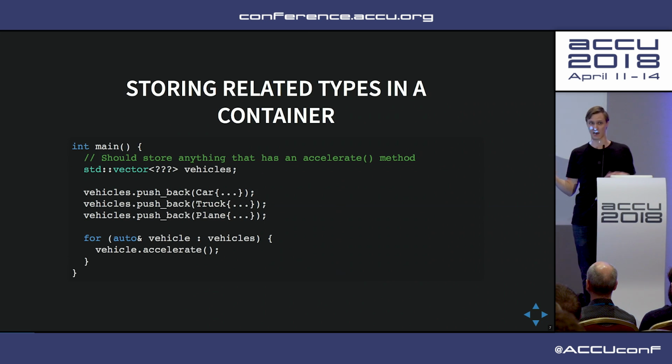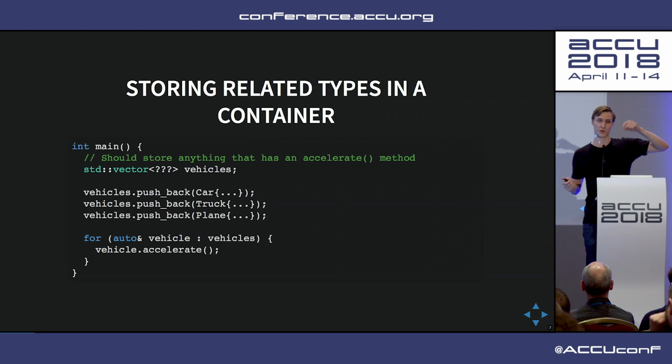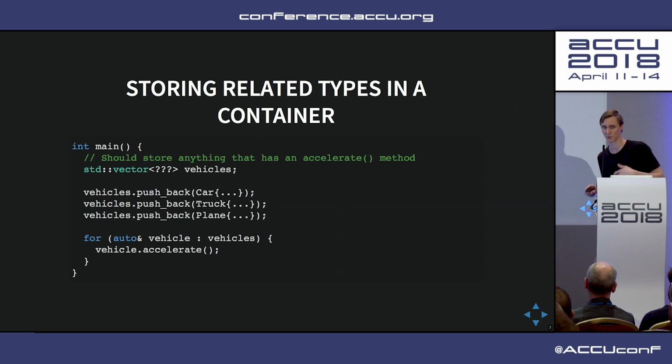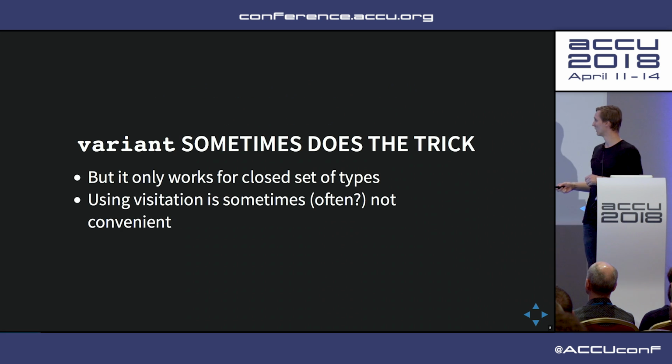Or maybe we have a set of types, and we want to store any one of these types in a container, for example. So we need to pin down one type, say this is going to be the representation that's stored in the container, and then actually put multiple different implementations in there. Sometimes variant actually works, and it's enough.